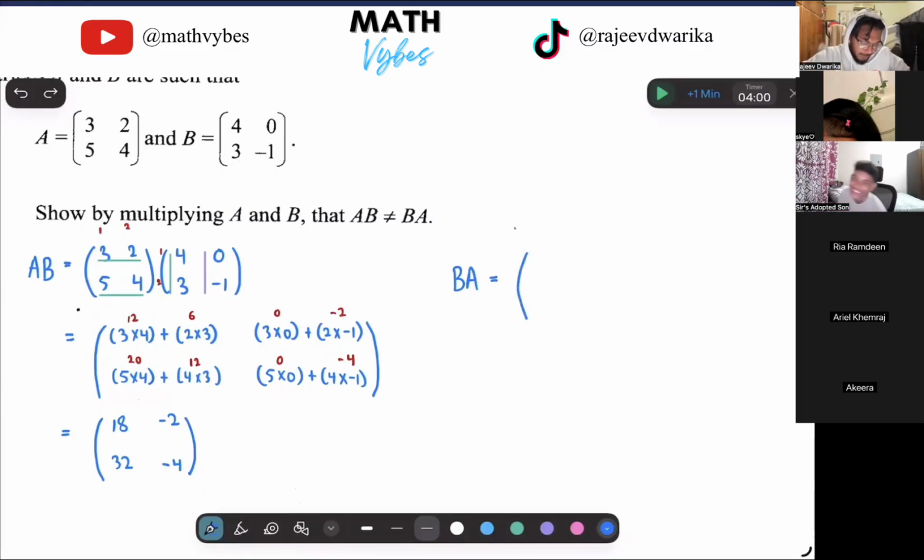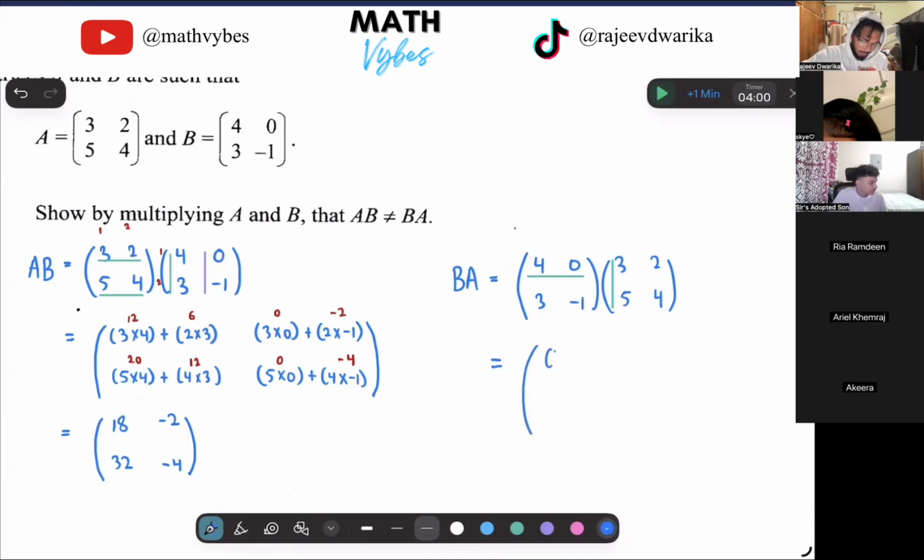let me go, right? So B by A. B is 4, 0, 3, minus 1. And A is 3, 2, 5, 4. What is the first row in this matrix? 4 and 0. Then multiplying that by the column 3 and 5, right?